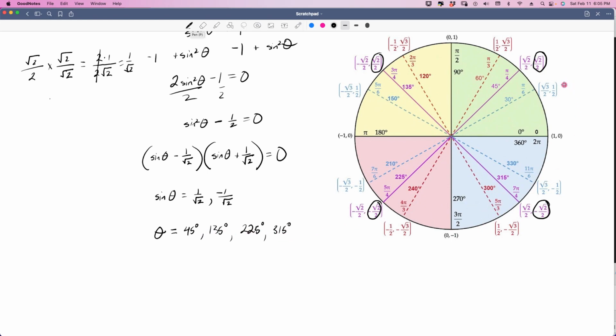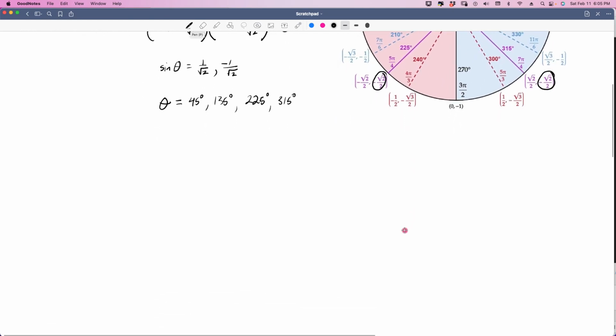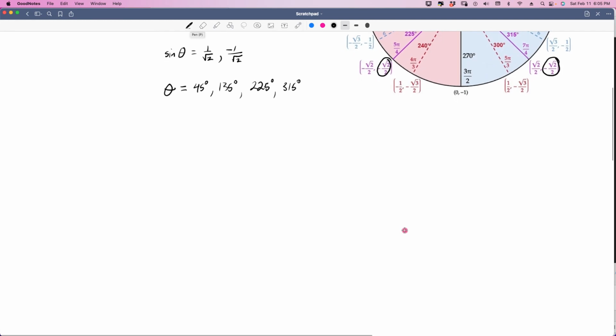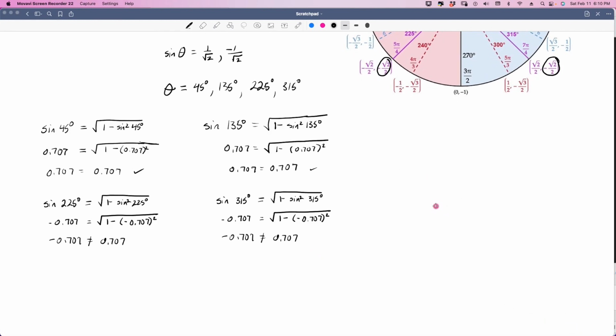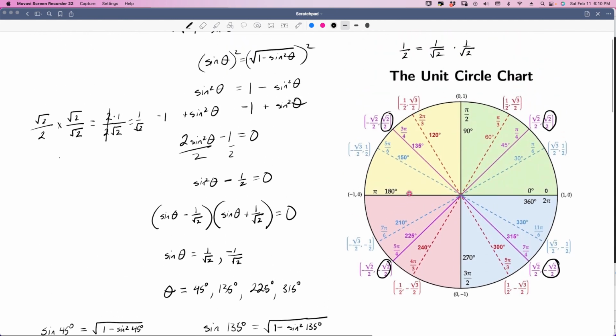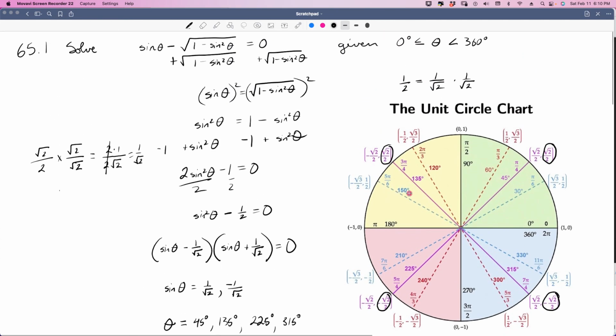So let me give us some room over here, and I'm going to run those numbers for us. So having done the numbers, what I did was I set them back equal to each other. I went back to our equation where they were equal to one another. Sine of theta is equal to square root of 1 minus the sine squared of theta.